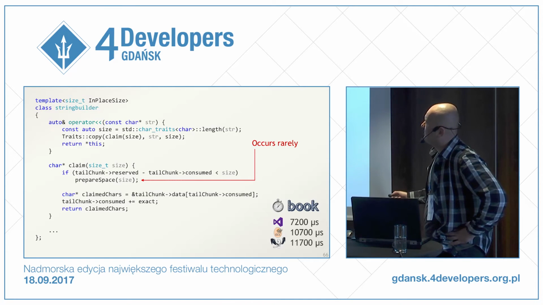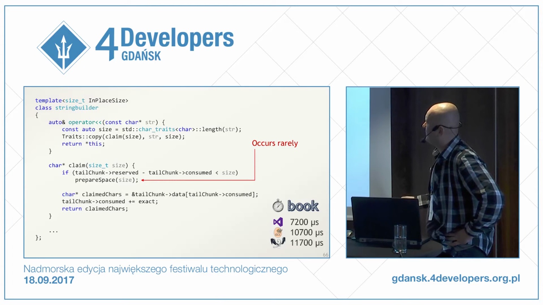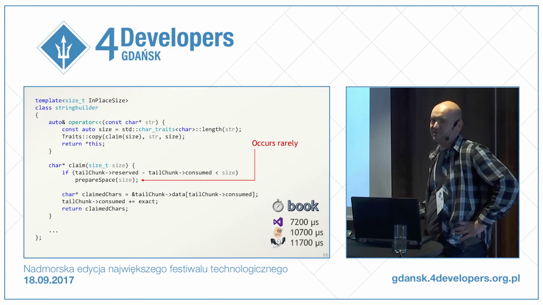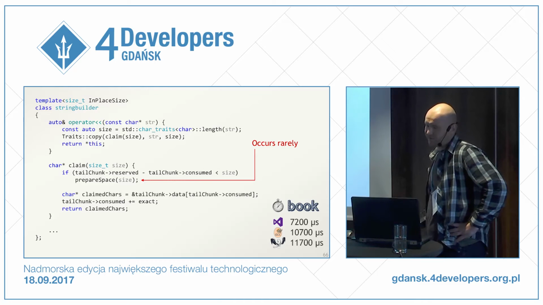Claim checks whether there is some space left. If there is, then it claims the data by moving the consumed and returning a pointer to the place where we can store characters.